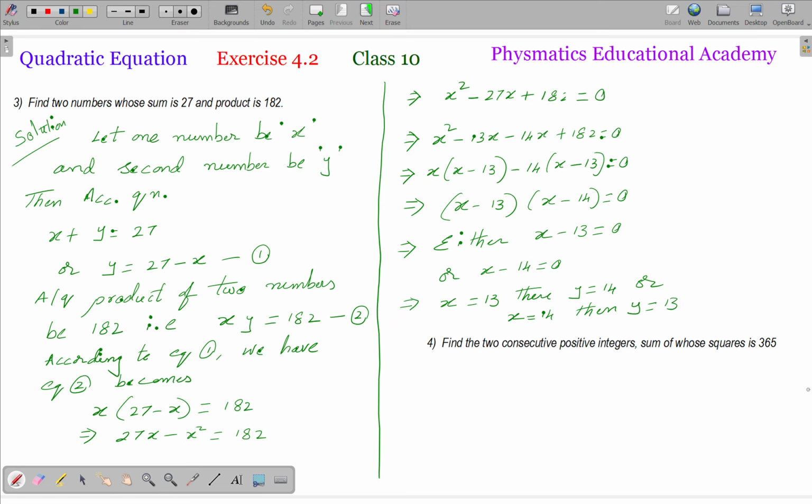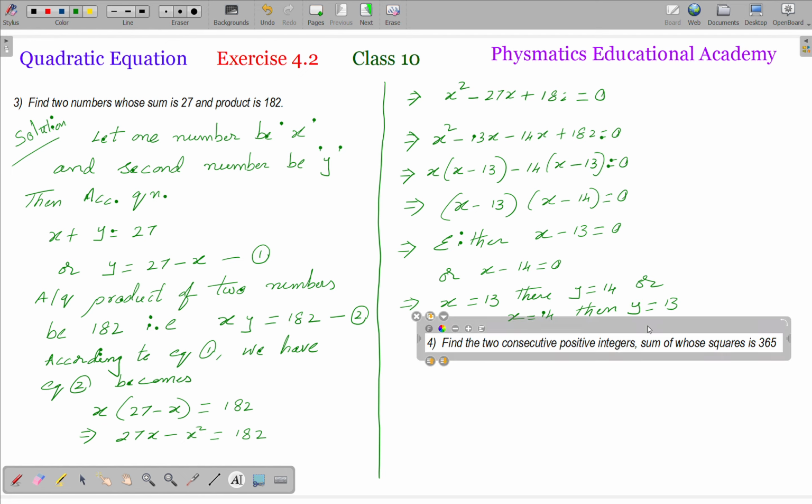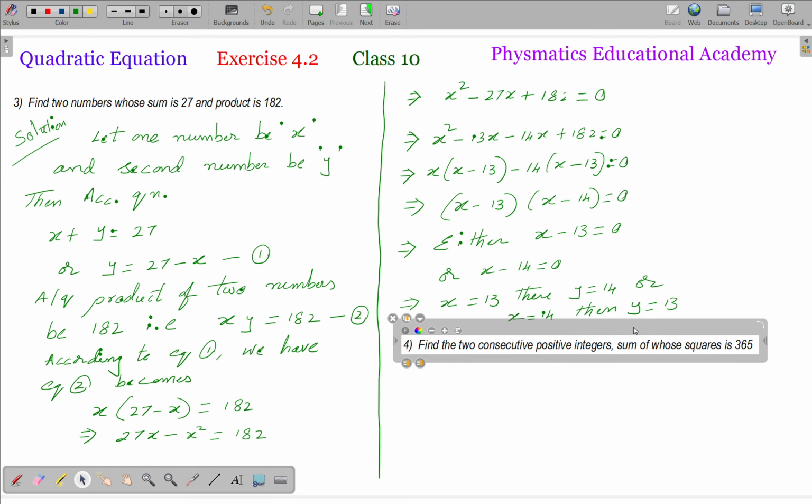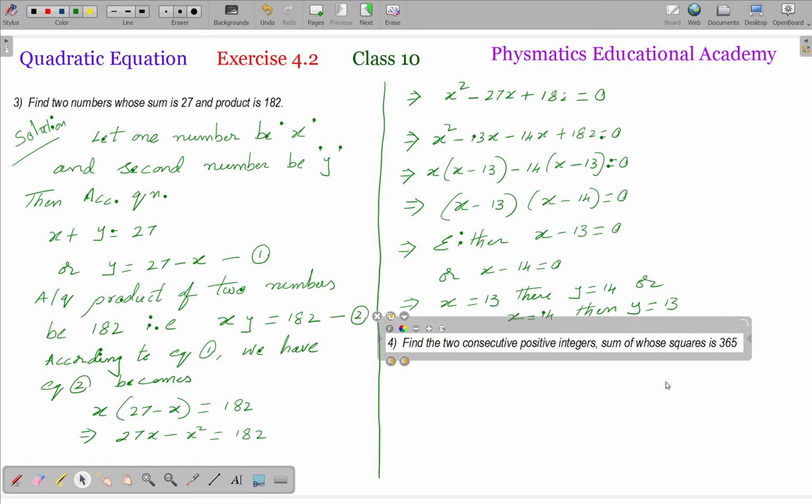Now coming to the next question. Find the two consecutive positive integers, sum of whose squares is 365.